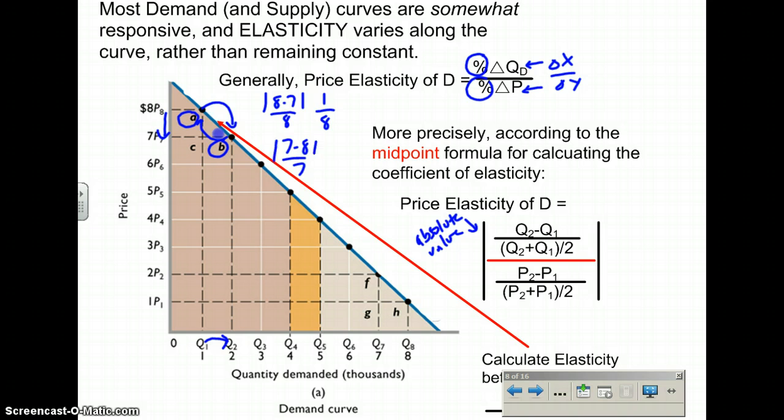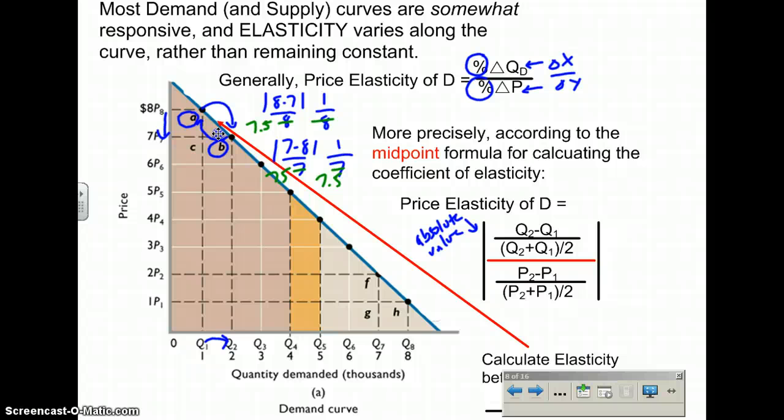But the denominators would still be different. And to make up for that, instead of using 8 and 7, economists agree to use the midpoint. So in both these equations, we would substitute 7.5 instead of 8. That way, we end up with the same calculation for percentage change in price, regardless of whether we're going from A to B or from B to A.